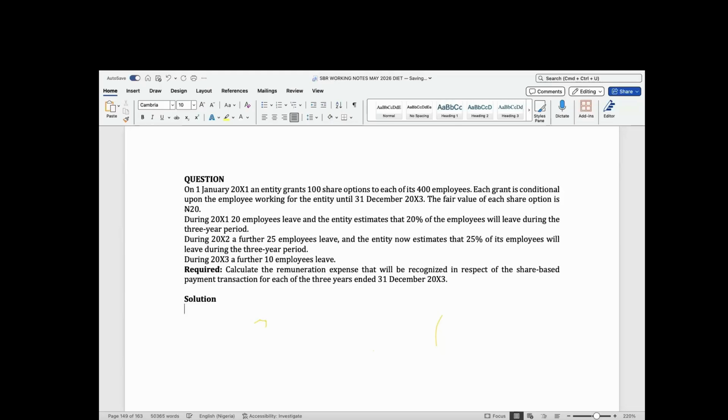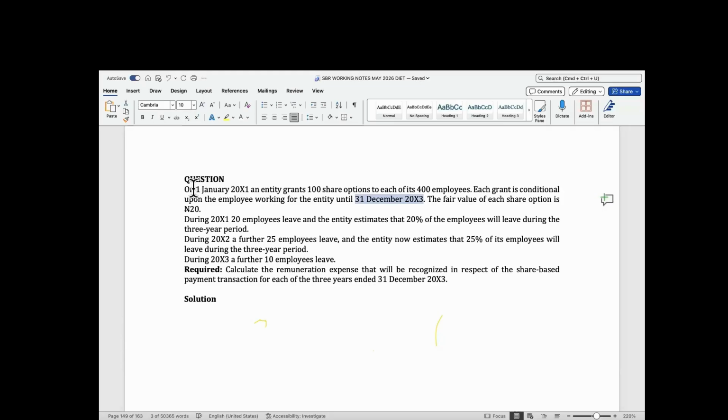So what do we have here? The grant date here is 2001. The exercise date is 2003. That means the vesting period is 3 years. You have to figure that out first.